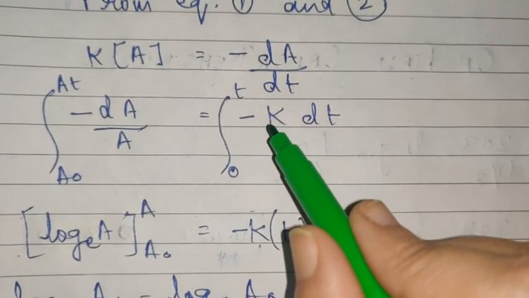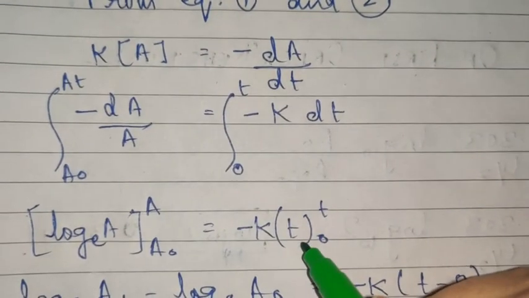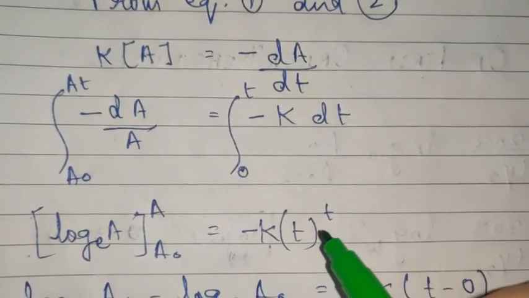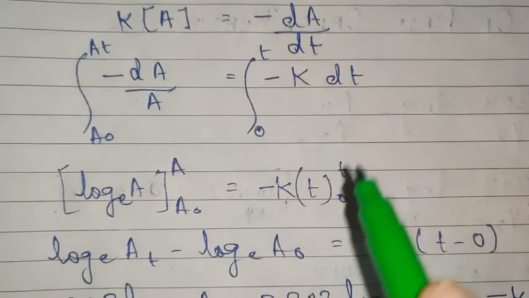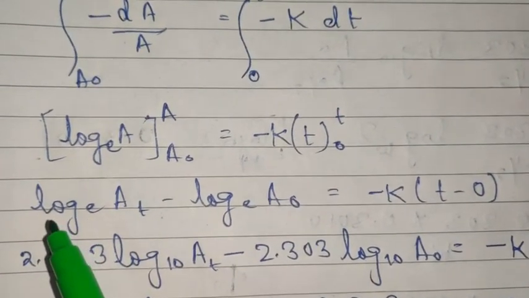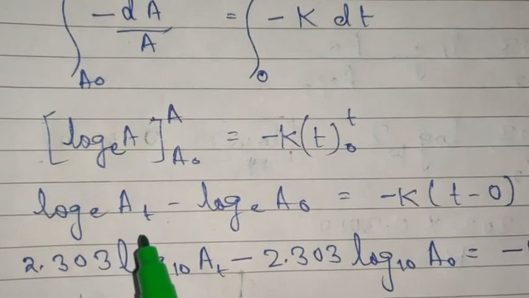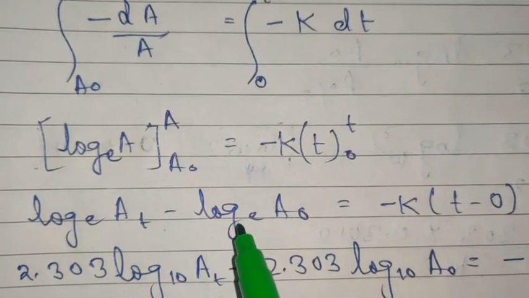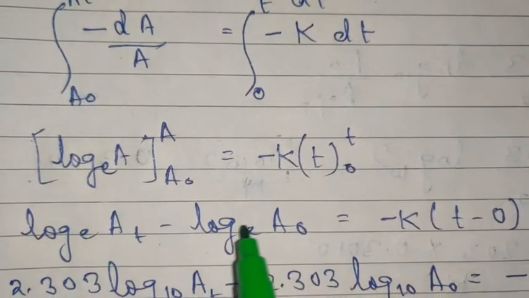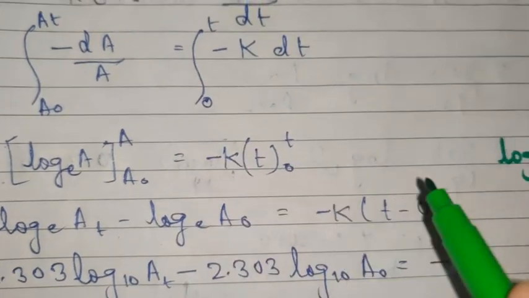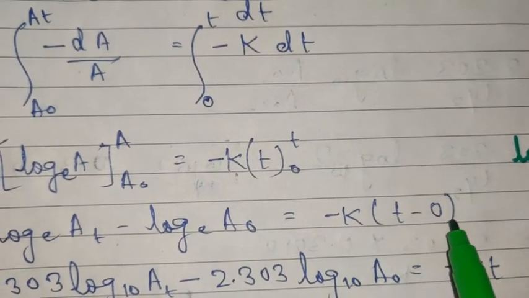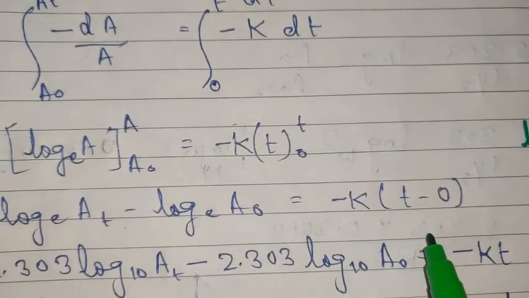And k is again a constant, and on integrating dt you'll get t, limit is 0 to t. So on further exploring this, you'll get ln At minus ln A naught, base e, that means we are talking about natural log, and this is minus k into t minus 0, that will give you minus kt.